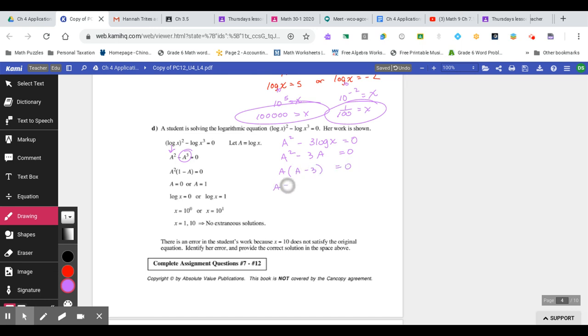So now either A equals 0 or A equals 3, in which case now we'll go back and replace A with log x. And in this case, this is a 10 down here if you want. So we have base to the exponent equals x, so x equals 1, which you already knew. And this one is 10 to the 3 equals x, in which case x is 1,000.